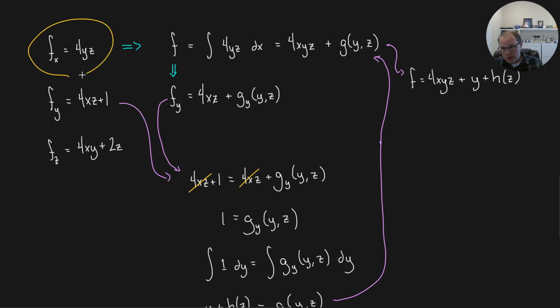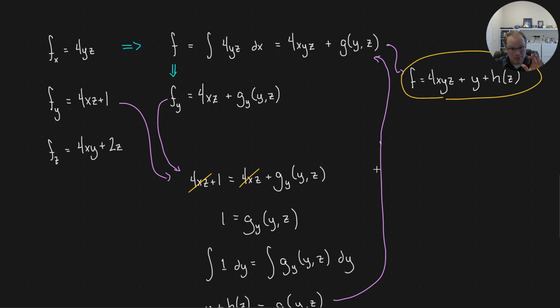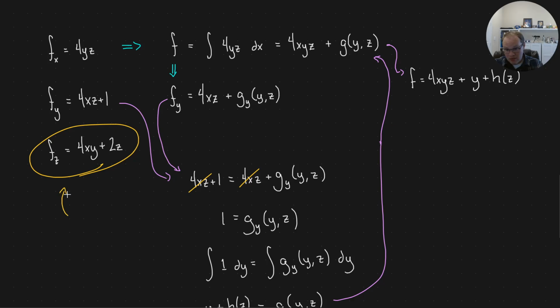So I've used the partial derivative of f with respect to x. I've used the partial derivative of f with respect to y. Let's use the other piece of information we have, the partial derivative of f with respect to z. So I'm going to take the derivative of my most updated version of function f, my potential function, with respect to variable z, and then I will equate that with this, which I also know is the partial derivative of f with respect to z.